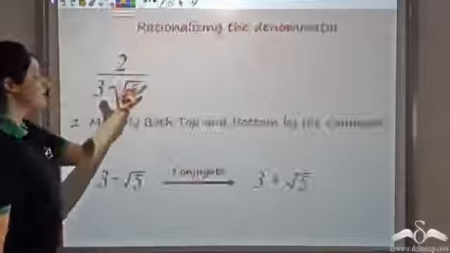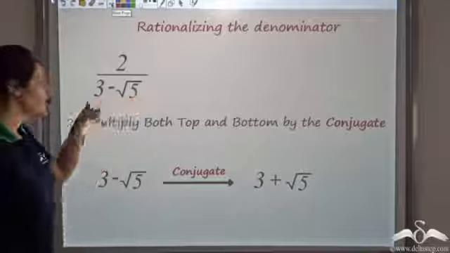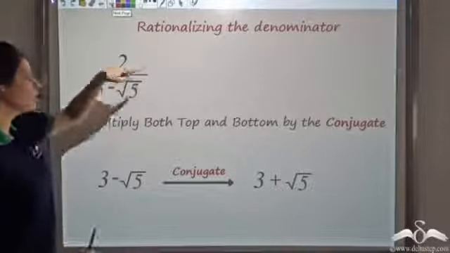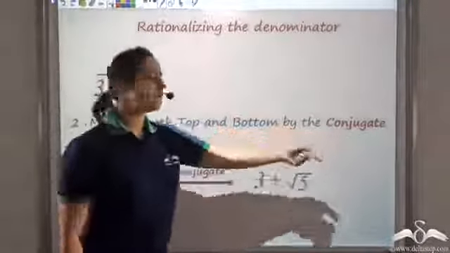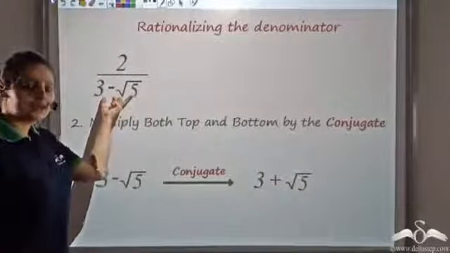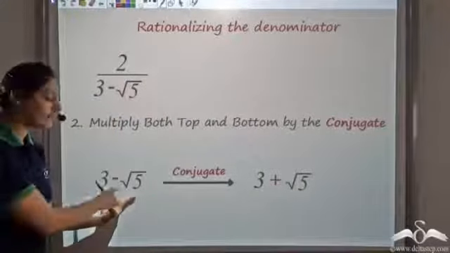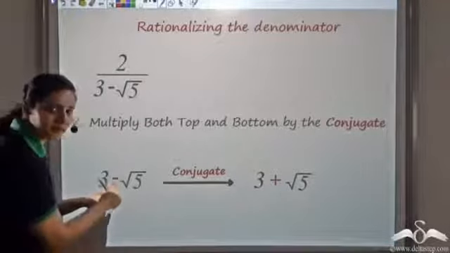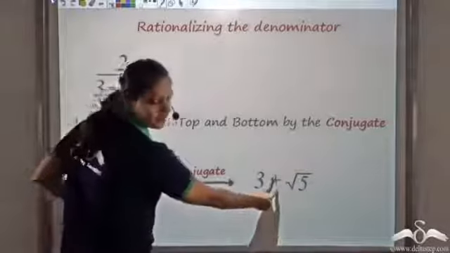So, to rationalize this number, I have two terms in the denominator. I multiply both the numerator and denominator by the conjugate. This is my denominator, 3 minus under root 5. I find the conjugate of this denominator. The sign in the middle changes, so from subtraction it becomes addition.